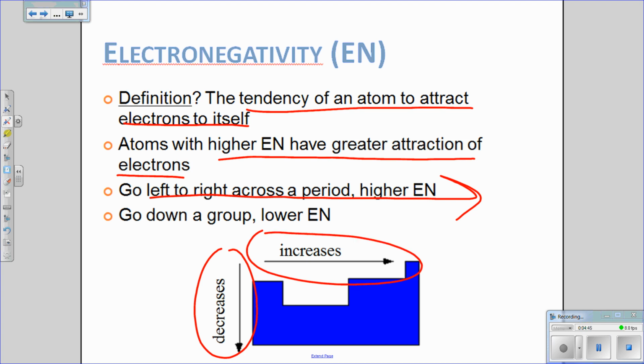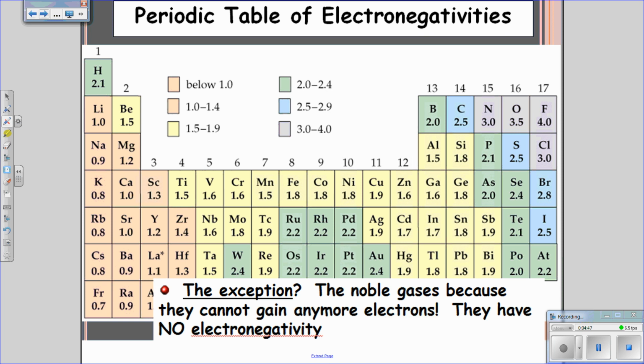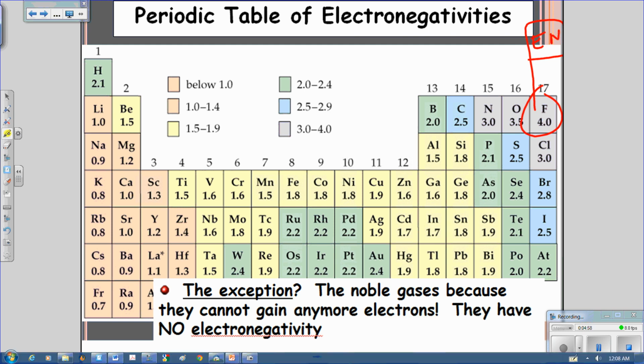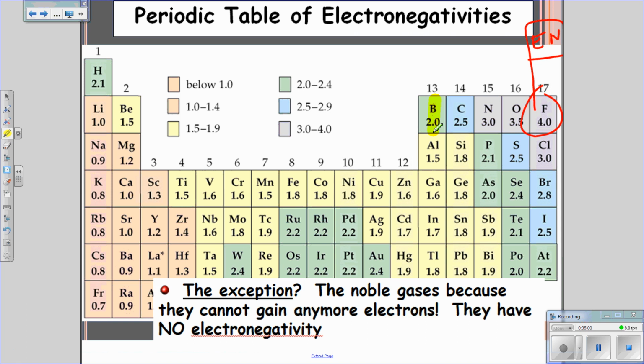Easy way to remember the trend is this. The most electronegative element in the periodic table is fluorine. So imagine there's a flag for electronegativity there. So if I'm comparing boron and nitrogen, whoever's going to be closer to that flag will automatically be more electronegative. You can already tell from the values that are listed there.